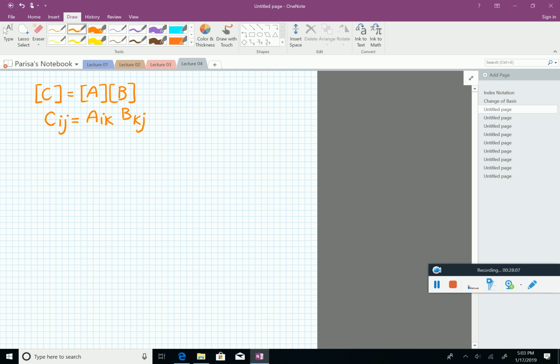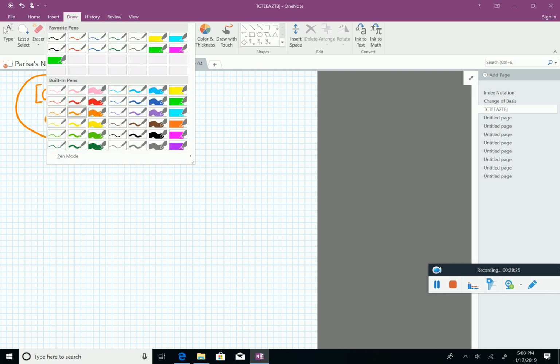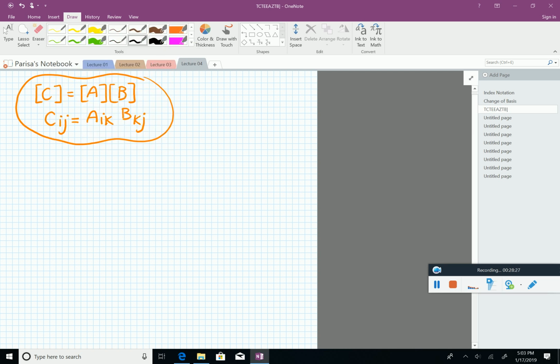In index notation, this is how it works. Does anyone need more explanation about that? This is something I think everyone has seen. So have this in mind, and let me write down this relationship between UI and UJ again.